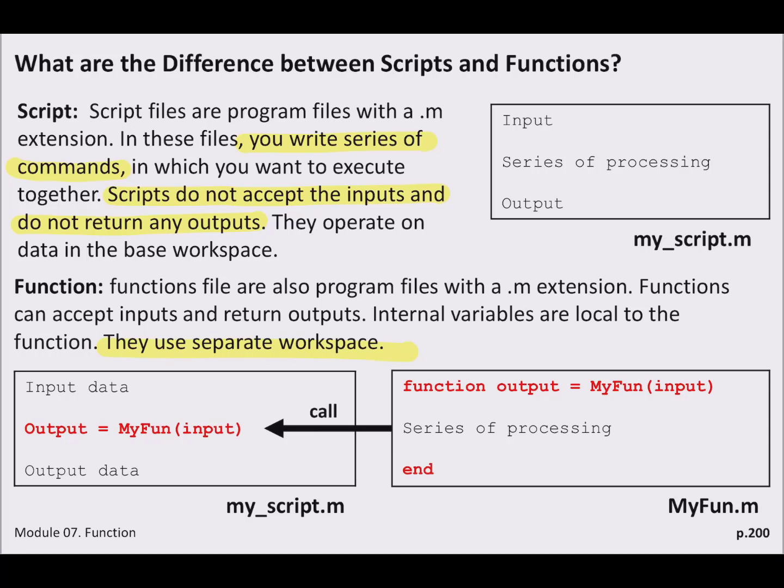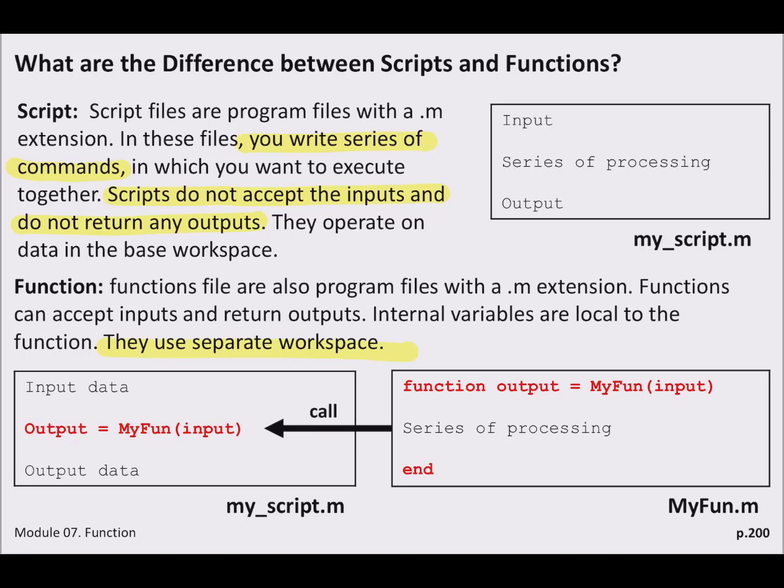To compute the output, you need a series of operations or processing. That's the script. However, if we use a function, the entire input or some of it is sent to the function, which does the processing and then sends the output back to your script.